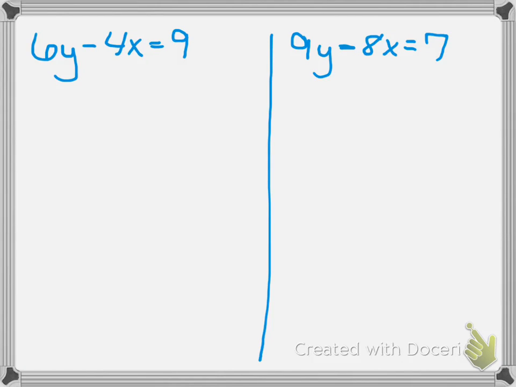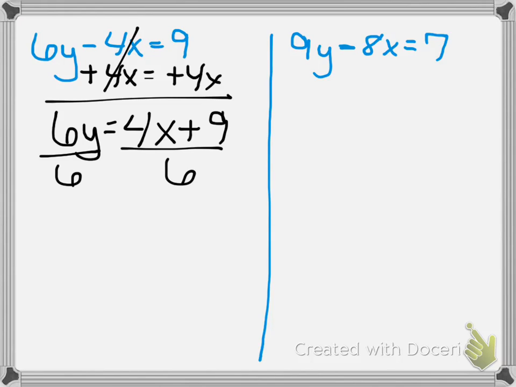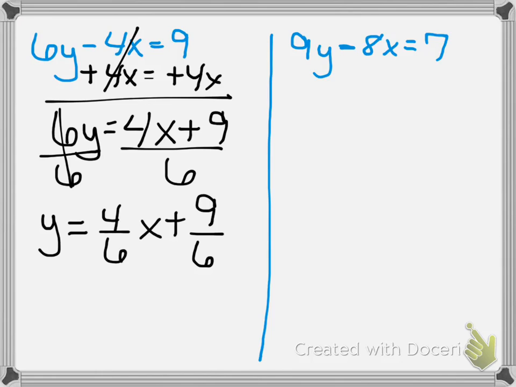Okay, our last two problems, 6y minus 4x equals 9. Add 4x to each side. Cancel the 4's. 6y equals 4x plus 9. Divide each side by 6. I'll get y equals 4 over 6x plus 9 over 6.